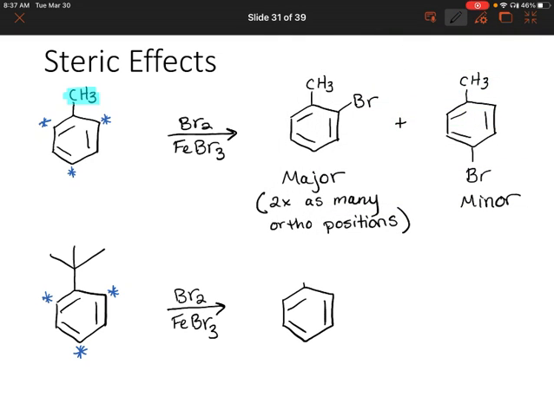So let's draw our two possible products. And which one do you think will be the major product and which one will be the minor product?